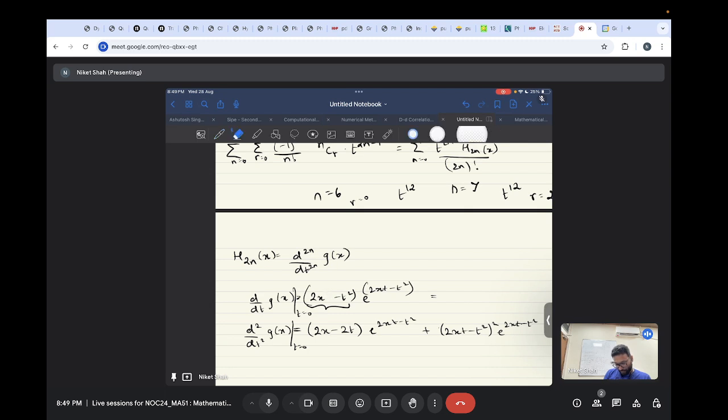No, no, this will also be 2x minus 2t. This will be a further derivative. I'm sorry, I'm making some mistakes. This will be another derivative which gives me minus 2.